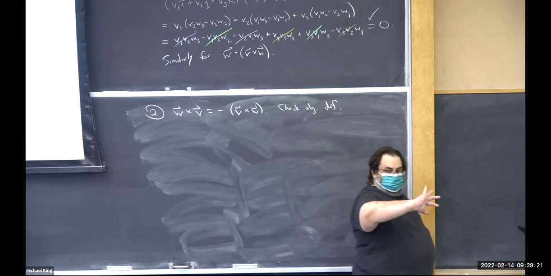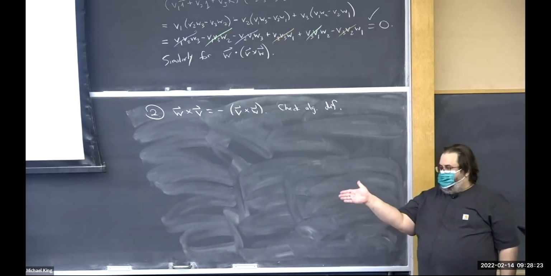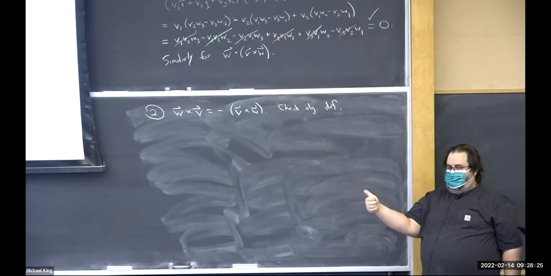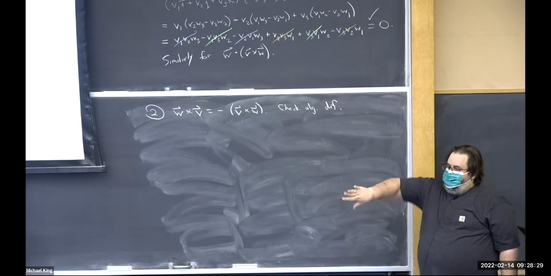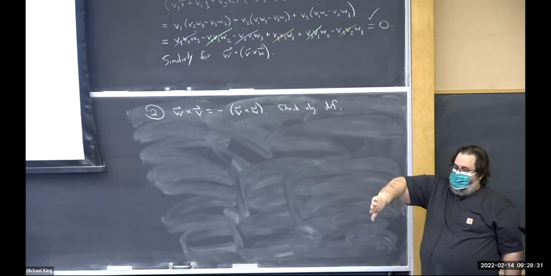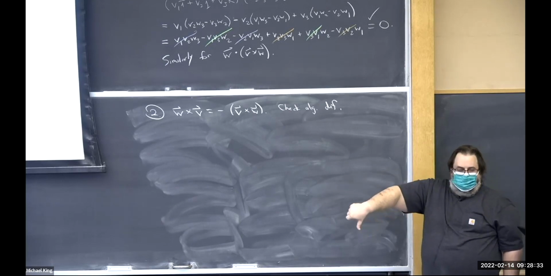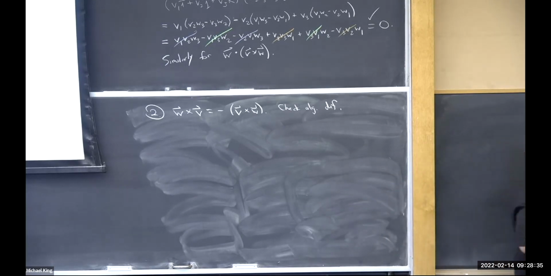If you swap the two, you're supposed to curl your fingers from the first vector to the second, and then your thumb points a certain way. So if I swap the order of the two vectors, I have to turn my hand over and curl, and then my thumb points the other way. So that agrees. Oh, I guess I said that right there in part C of the handout.